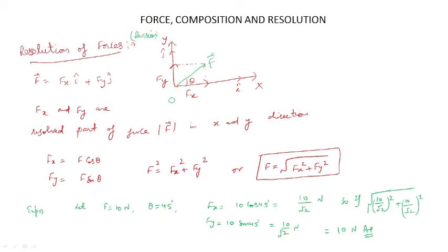Now if we find the resultant of the forces Fx and Fy, then it can be written as root Fx square plus Fy square, and that will be equal to 10 Newton. Thus we can say that the force has been resolved into two components, one along the x-axis and one along the y-axis, and their resultant will have the same effect as the magnitude of the force.